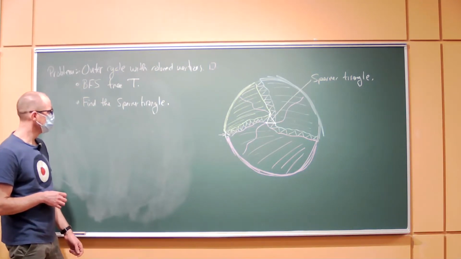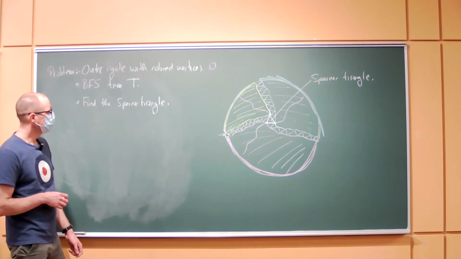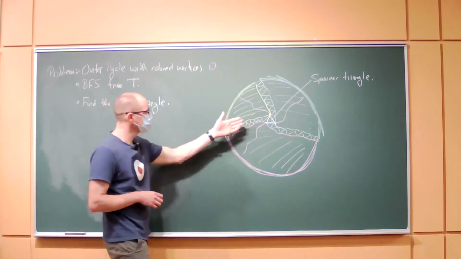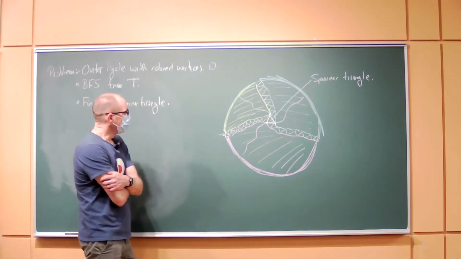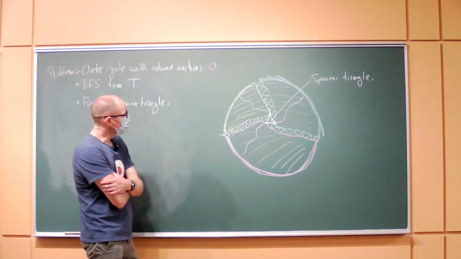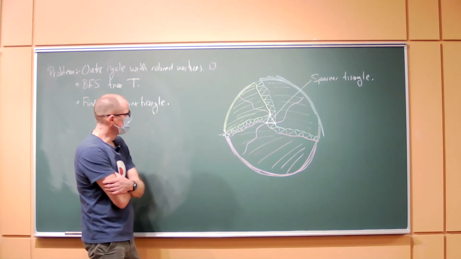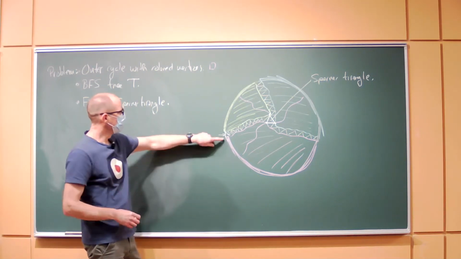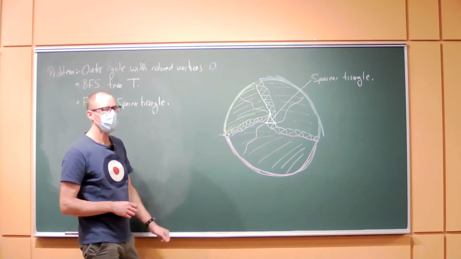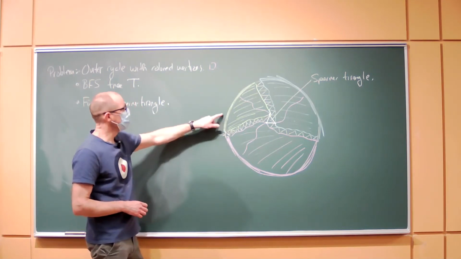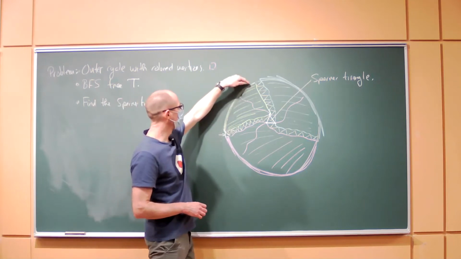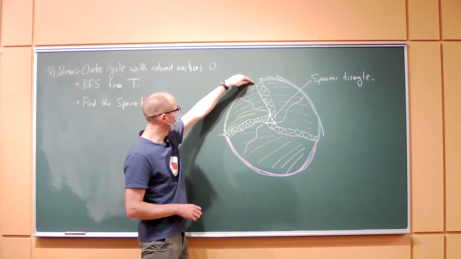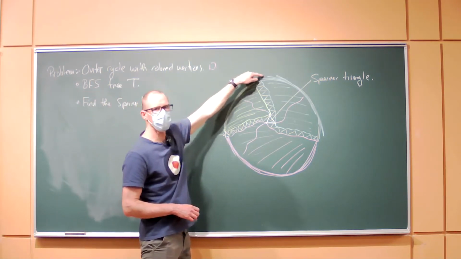So if I want to find this Sperner triangle, if I want to implement this, what I need to do is, well, first find a place on the outer cycle where I have an edge with two different colors. So start anywhere on the outer cycle and walk around. You are given the colors of the vertices on the outer face, so you just walk around until you find one of these things.